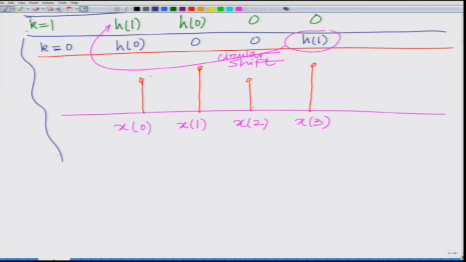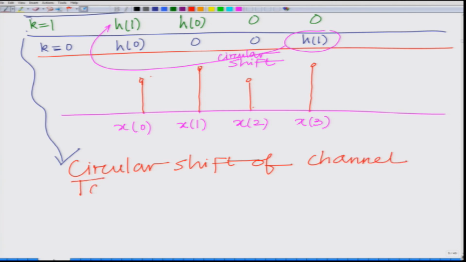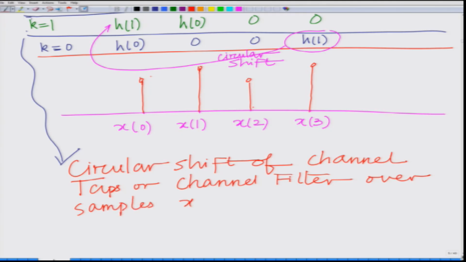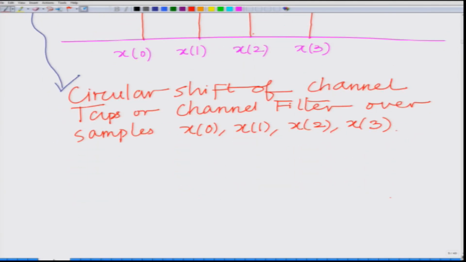What this represents is something very important: a circular shift of the channel filter, or basically your channel taps, over the samples x0, x1, x2, x3, and therefore it represents a circular convolution.